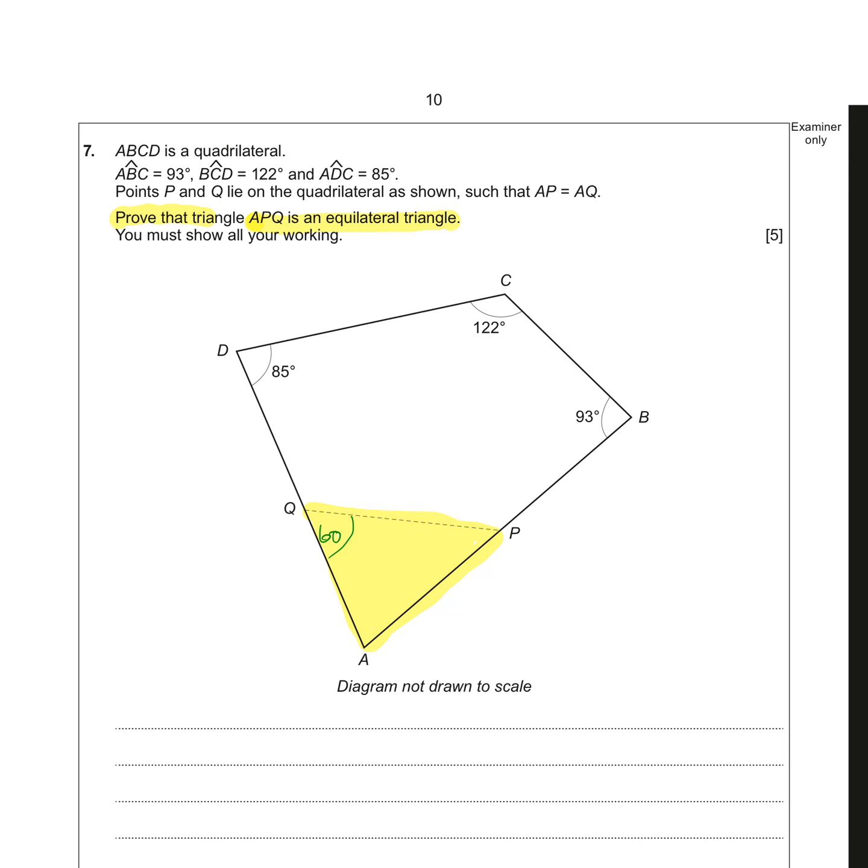So to start off with, I've got to work through the information that I'm given. I'm told that I'm dealing with a quadrilateral, so this tells me that my four corners of the quadrilateral add up to 360. So if I add together the three corners that I know, I'd have 122, 85 and 93, and if I add those up they come to 300.